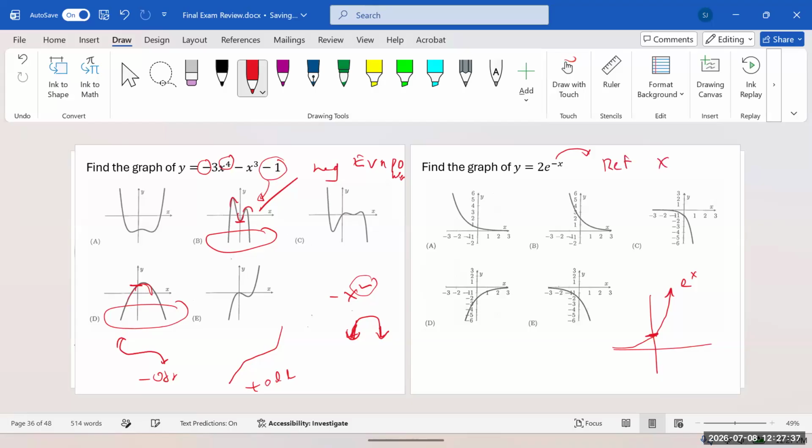Good. Reflection about the y-axis. So that means you're going to reflect this about the y-axis. So your new graph should be something like this. So this is a candidate, this is a candidate, this is not, this is not, this is not. So which one makes sense?